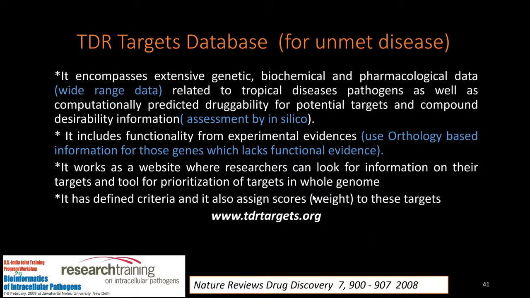Basically, this was done in 2008, covering a wide range of data for unmet diseases. The assessment is in silico. If you do not have that particular species, you lack that protein, and you don't know whether protein data or genomic, genetic and biochemical data are available, it uses orthology-based methods and finds the functional evidence. So this works; you can go to the website, and it looks like one of these.